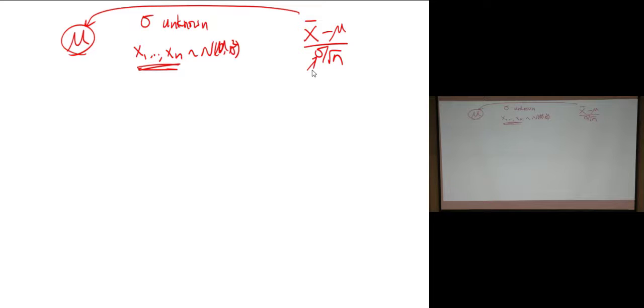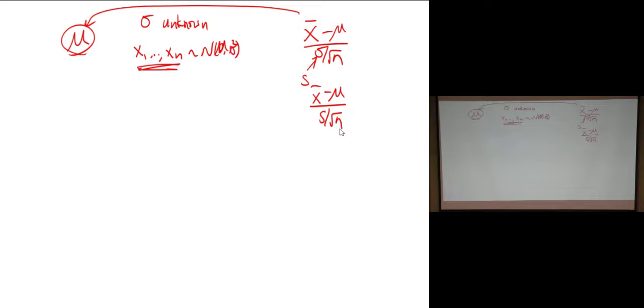I can replace this sigma by its estimate. That means I don't know sigma, but I'm going to look at my sample and try to get information about sigma from the sample. The natural way to do it is to use the sample standard deviation, that means the square root of the sample variance. So I replace it, and now I consider this one.